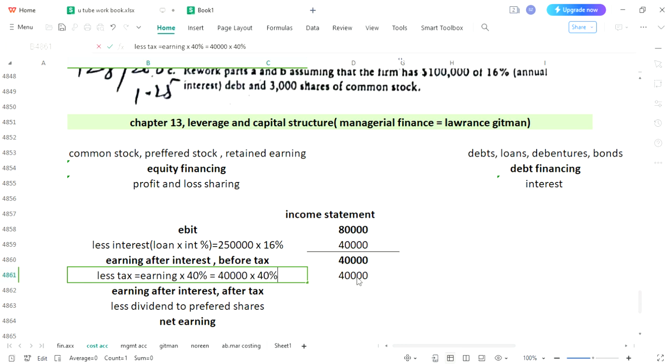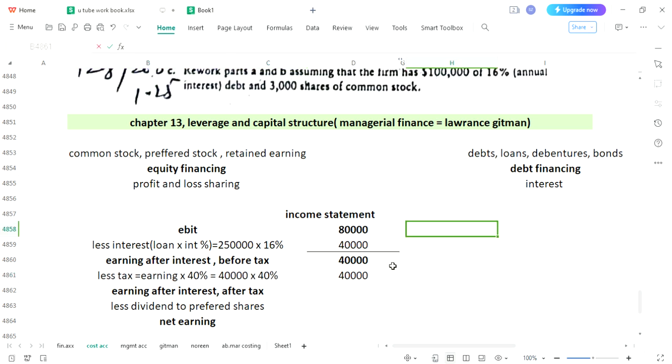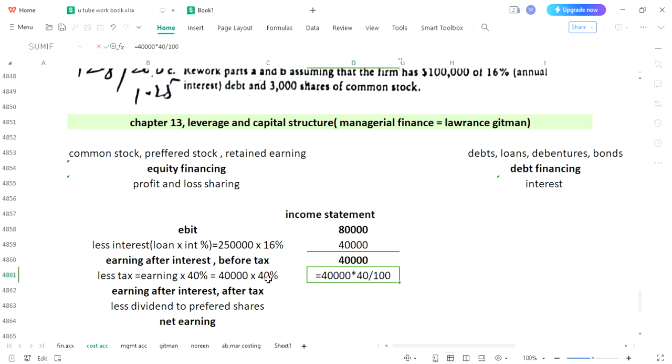Okay, now let's calculate. Actually, sometimes my system does not cooperate in a proper way. So 40,000 was the amount. Please follow this statement. You need to multiply it with 40 and divide it by 100. So amount of tax has been calculated.